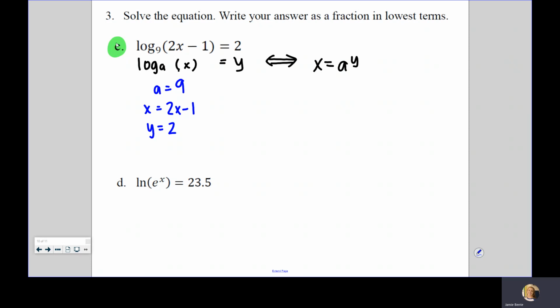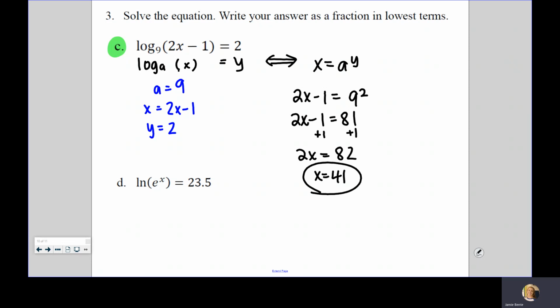Okay, so we have 2x minus 1 equals 9 squared. So go ahead and simplify that 9 squared, that's 81. Then finish solving that, so add 1 and then divide by 2. So x is 41.